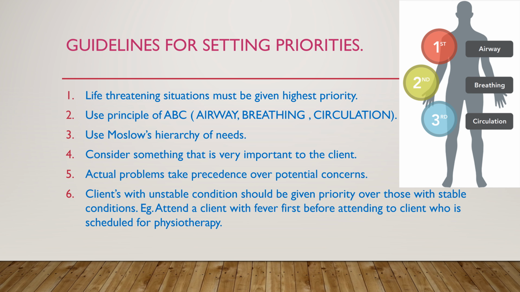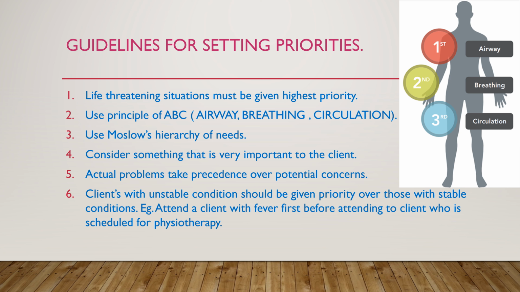Then actual problems, which are those problems present in the patient at the time of admission or at the time of assessment, should be given precedence over the potential concerns or risk problems. For example, here I will give you an example of a patient with diabetes.